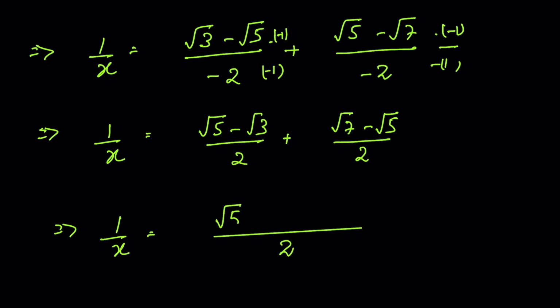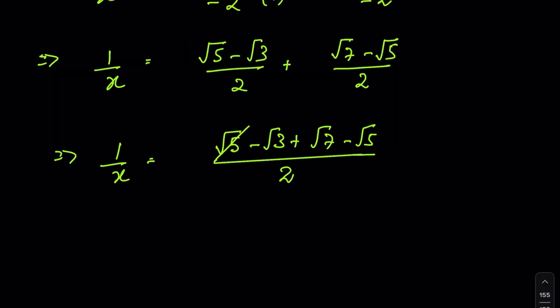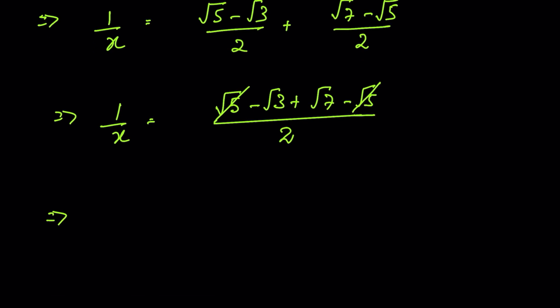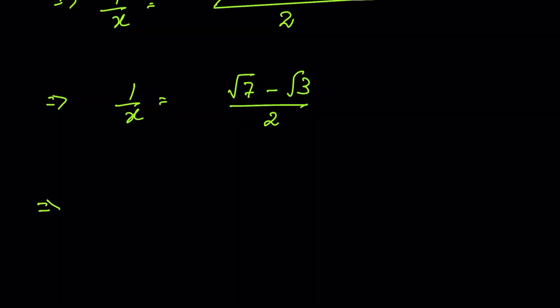Or 1 upon x equals, LCD will be 2, so square root of 5 minus square root of 3 plus square root of 7 minus square root of 5. Square root of 5 and negative square root of 5 gets cancelled, so 1 upon x equals, we can write it as square root of 7 minus square root of 3 upon 2. Or then x equals 2 upon square root of 7 minus square root of 3.